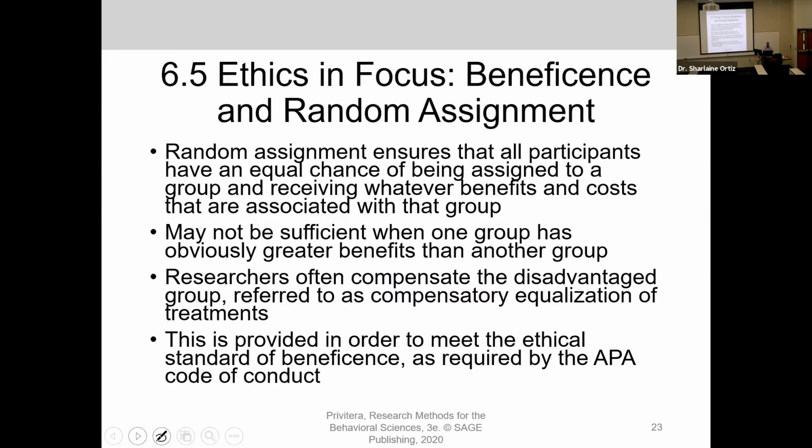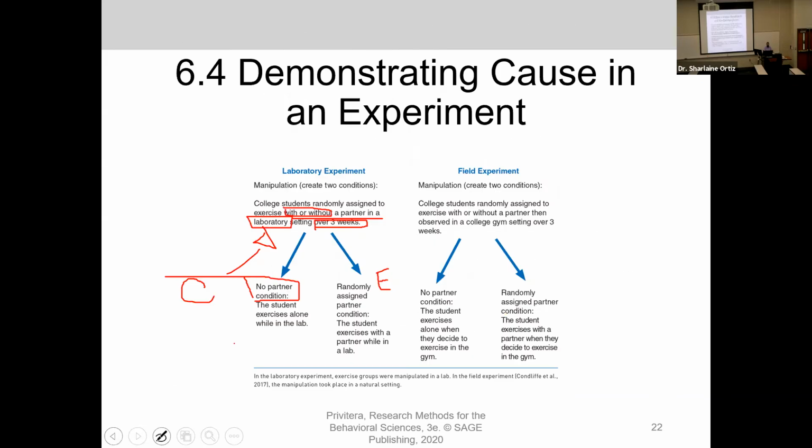Now we can move towards a field experiment. And in this case, we would assign you to a specific place that is naturally occurring. Let's say instead of the lab, I'm going to take you to the gym where it would naturally occur. You're a college student, you have access to a college gym.